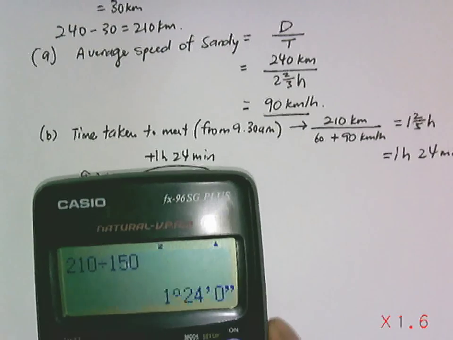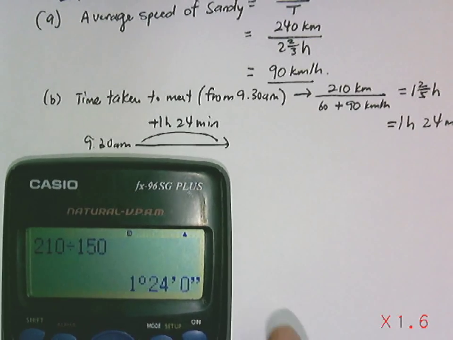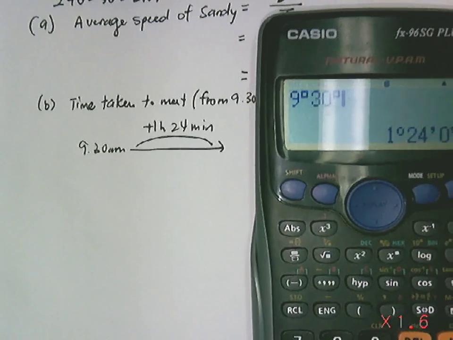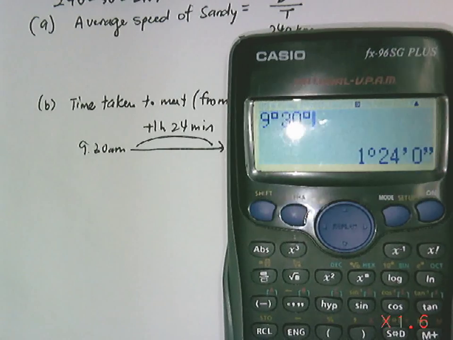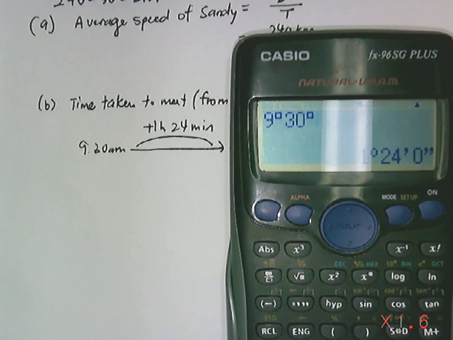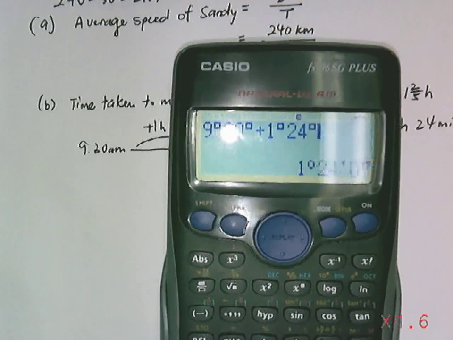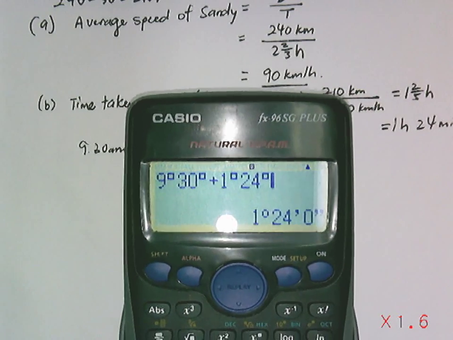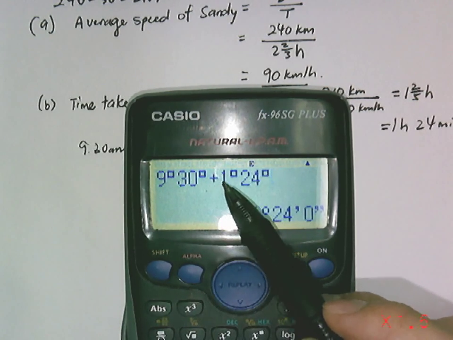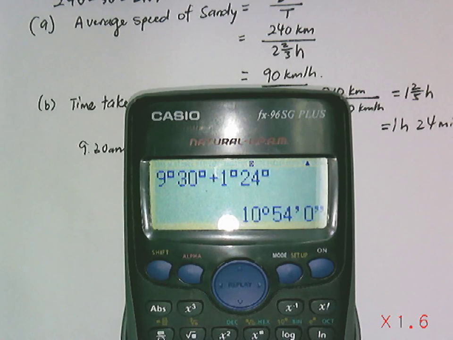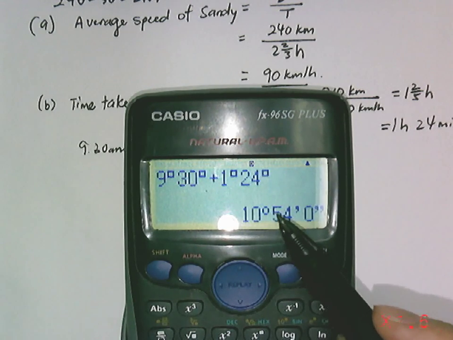This can be done by pressing 9 hours 30 minutes plus 1 hour 24 minutes, then key in the equal sign, and this will give us 10 hours 54 minutes, which represents the time. So 10:54.